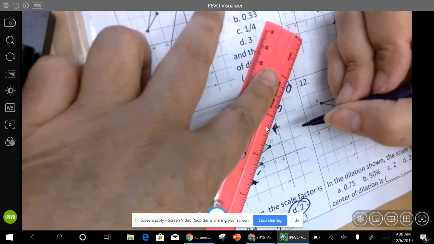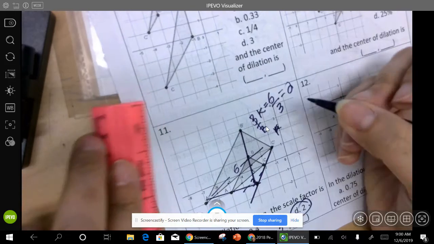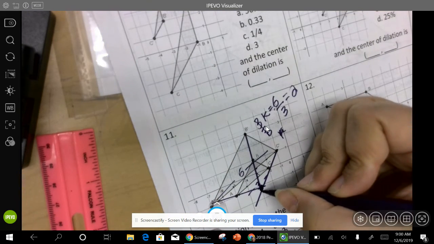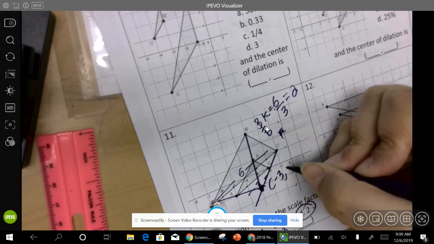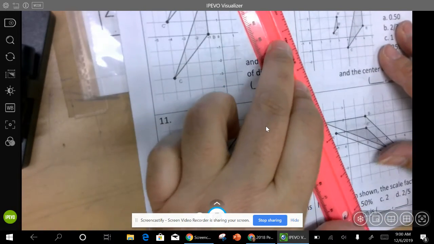So I do that with all the vertices, and everybody where they cross, okay, everybody is the center of dilation. Okay, so the same with this one, everybody. So just go ahead and draw it.